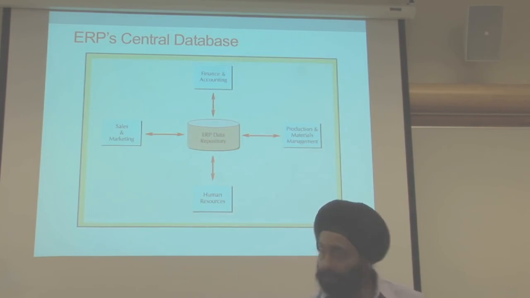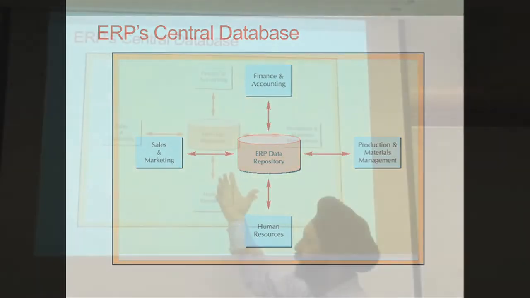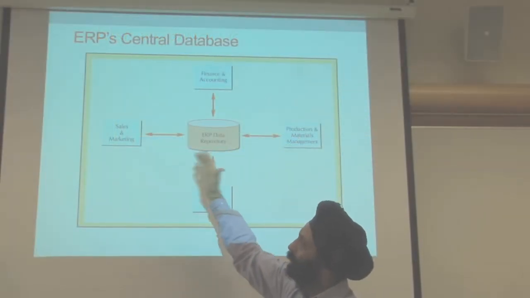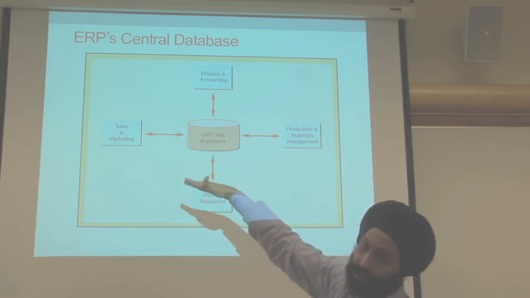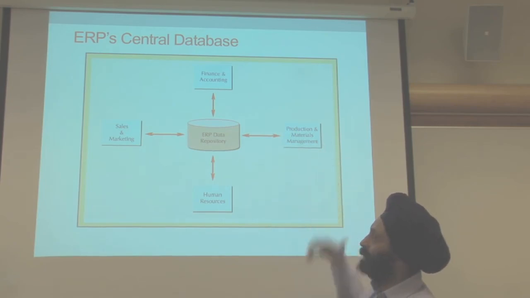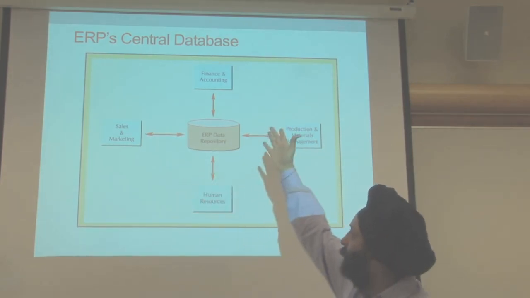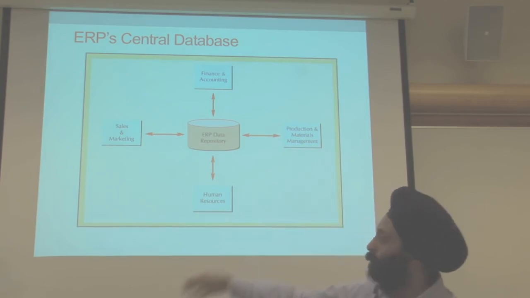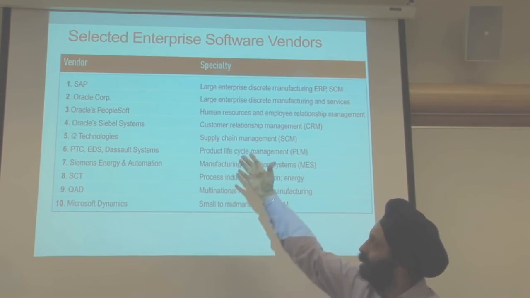Central database: you have the ERP data repository, the database which has a lot of the data relating to the company, and depending on which functional area you belong to, you will have access to that portion of the data, so different functional areas can accomplish their tasks, whether it's sales and marketing, finance and accounting, production, human resources, etc. And in this case, there are several vendors.